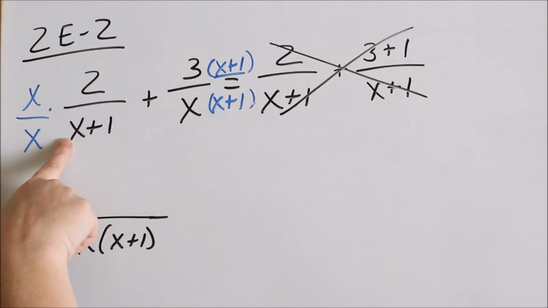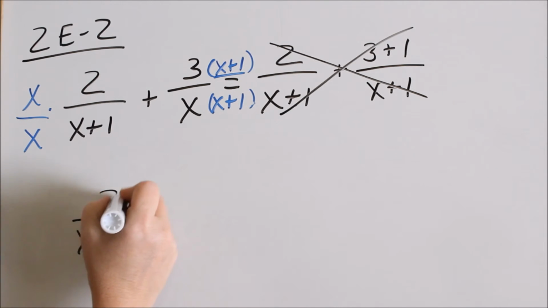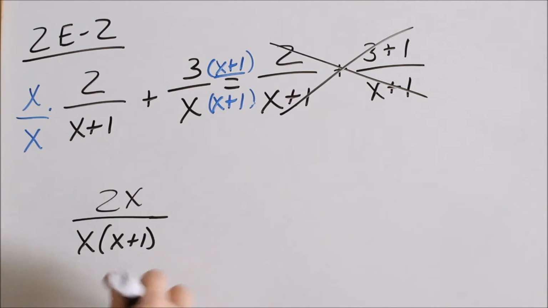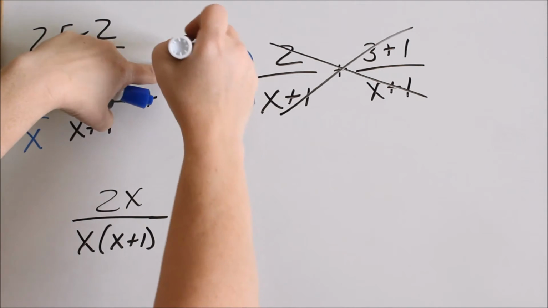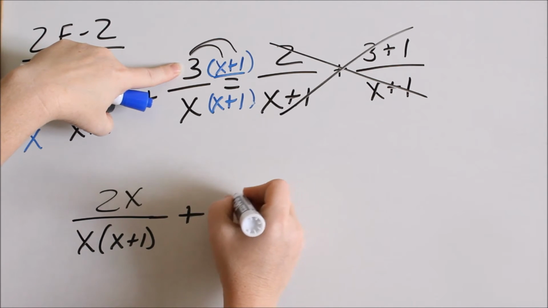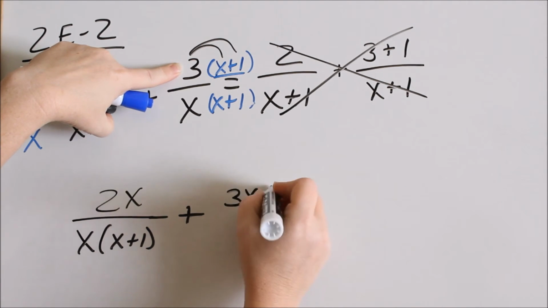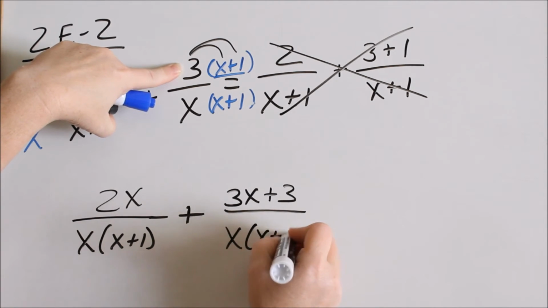So for this new fraction, my numerator is going to be 2x. My denominator is going to be x times x plus 1. There's my plus sign. For here, this needs to be distributed to everything in the parentheses. So my new numerator for this fraction is 3x plus 3. And my denominator is going to be x times x plus 1.